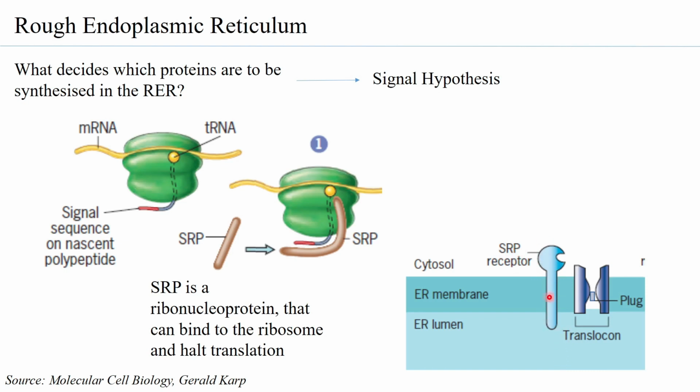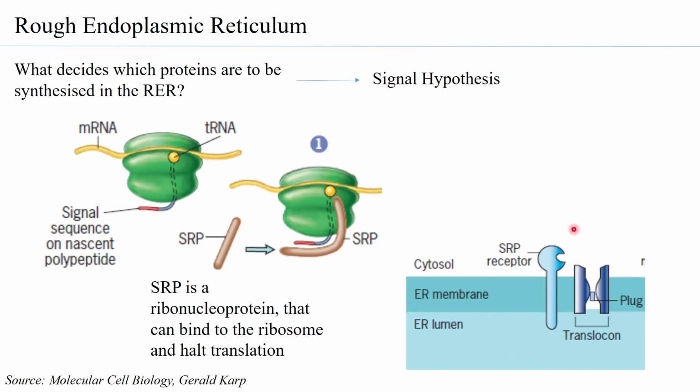This too has different conformations when it is bound to GTP and when it is bound to GDP. That also is a kind of regulatory thing. Both SRP and SRP receptor are able to bind to GTP and GDP, and depending on which they are bound to, their conformations will be different.